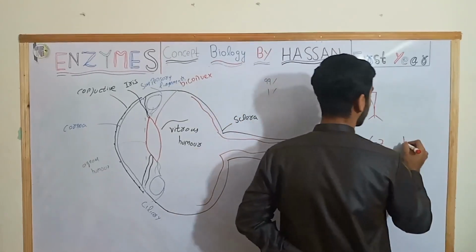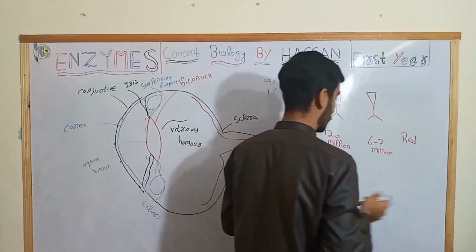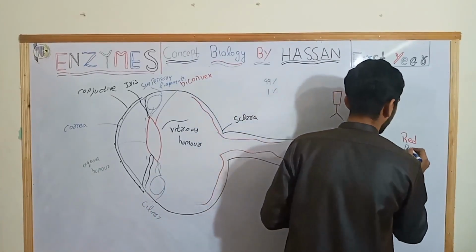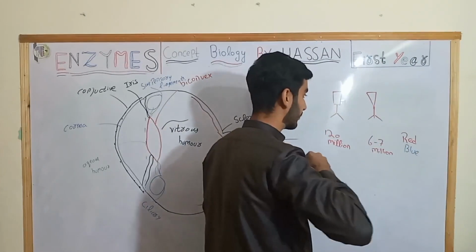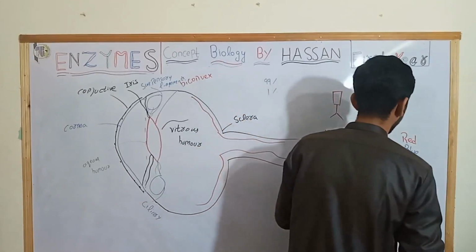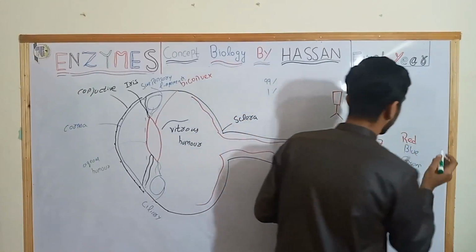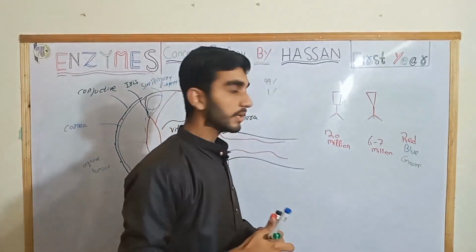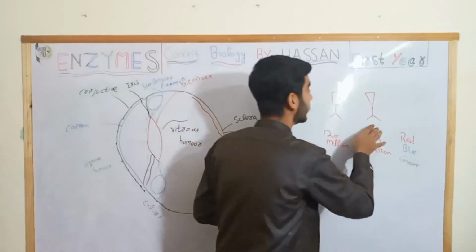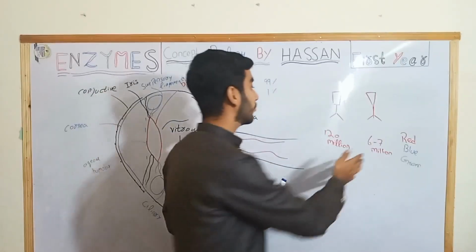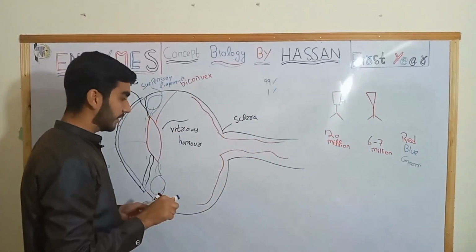Cone cells may be red, blue and green. As you know, rods are sensitive to dim light and the cones are sensitive to color vision. These are the two types of cells present in our retina.